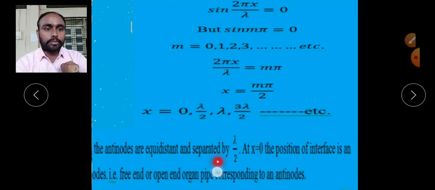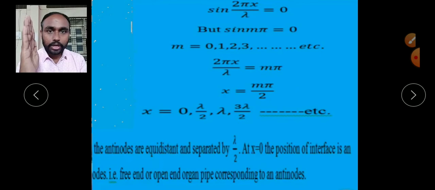Mathematically we are getting lambda by 2, and at x equal to 0, the position of the interface is an antinode. What is x equal to 0? It means the end of that organ pipe, and in the very first diagram we showed an antinode there.